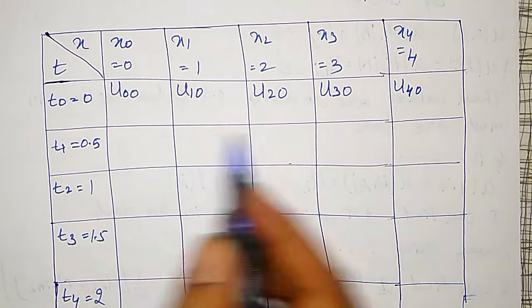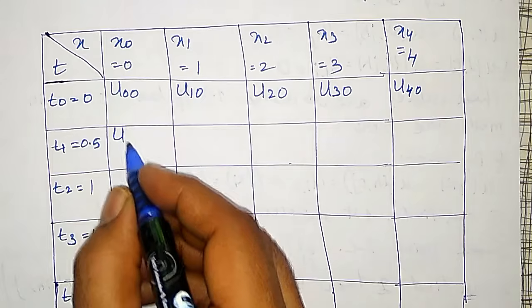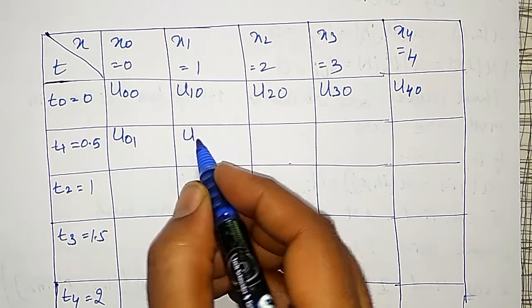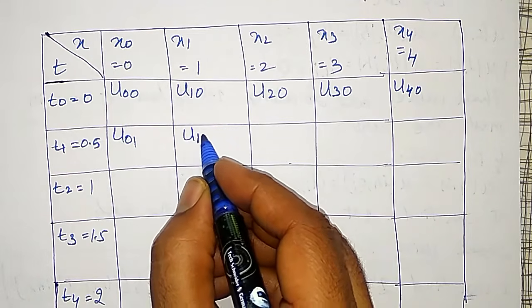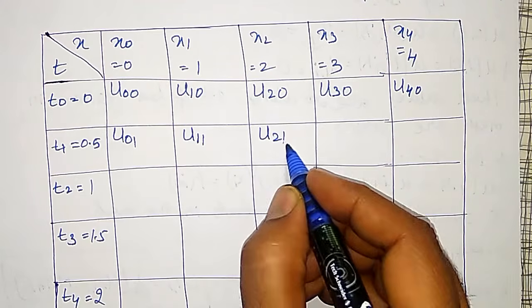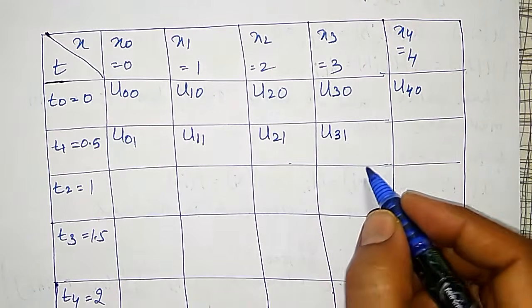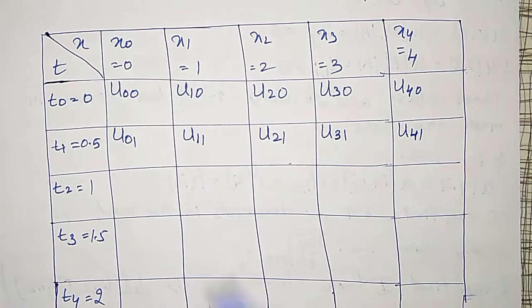Like that, second row will become u of 0 1, u of 1 1, u of 2 1, u of 3 1, u of 4 1.